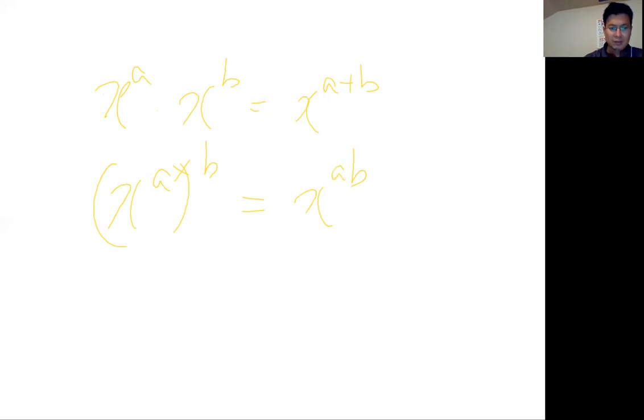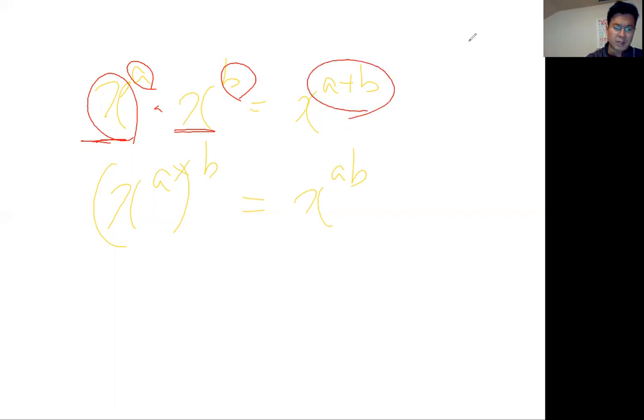If you get confused with this type of question, what you can think about is, we have a amount of x and b amount of x. How many total do we have? If you think about the first one, a plus b amount. But then we have a amount of x, but then of b, so these two have to be multiplied.